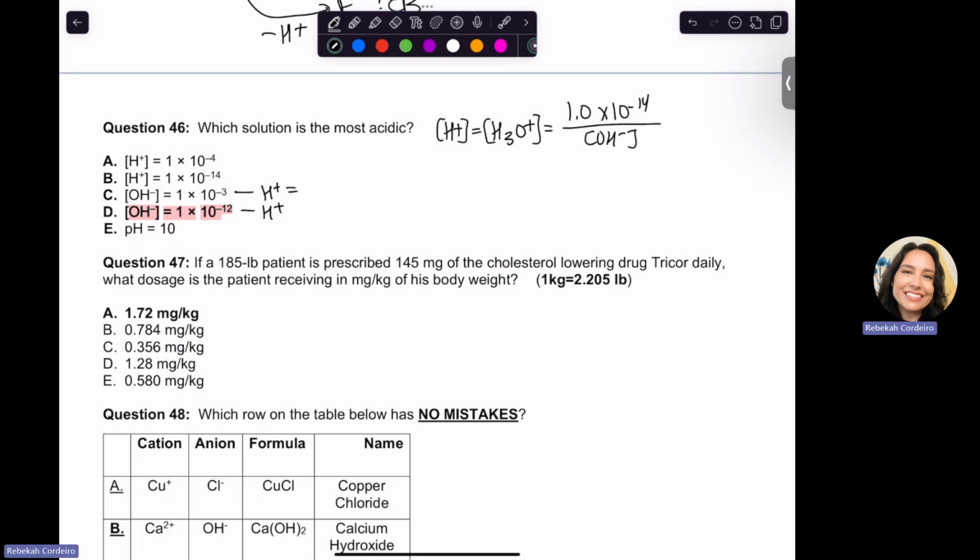So I'd probably just do it for these 2, so I have it to compare to the first ones, divided by 1 times 10 to the negative 3. And if you know exponent math, this can be pretty easy. Remember, H plus and hydronium are essentially the same thing because they're 1-to-1 ratios in water.